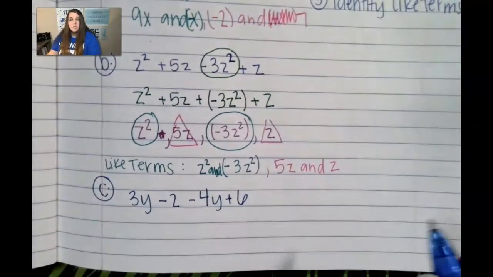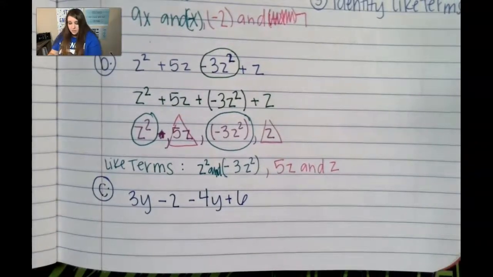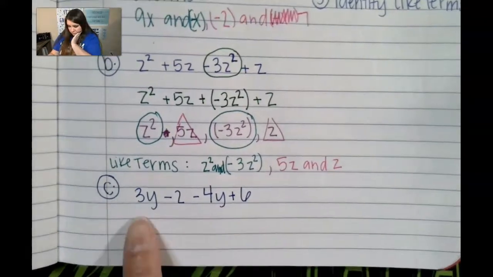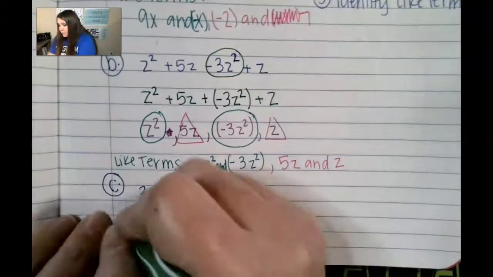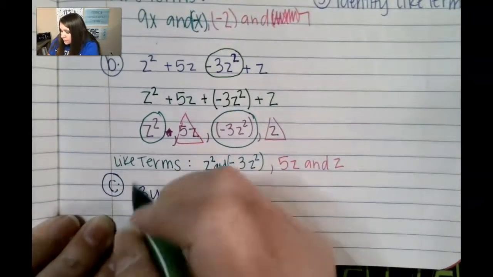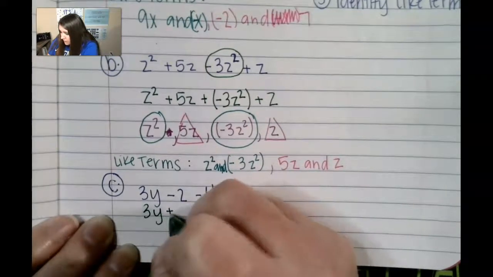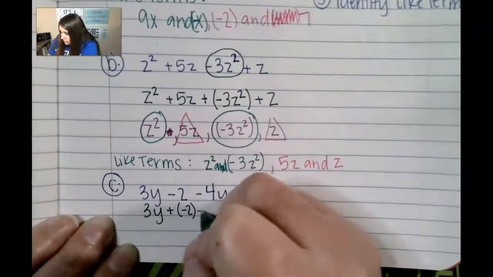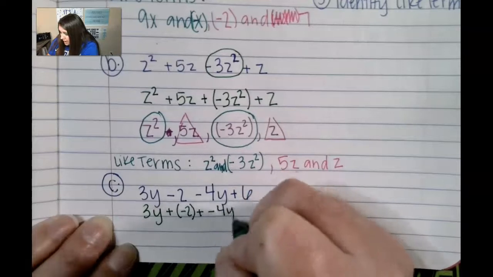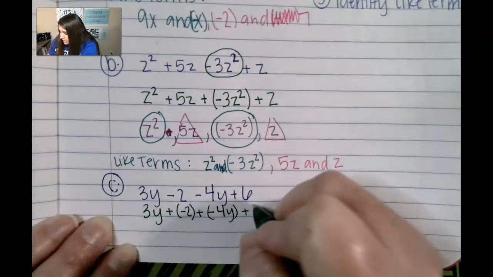Okay, so our job now is to rewrite this so that it does not have minus signs, right? So we want these to become negatives. So our new expression is 3y plus negative 2 plus negative 4y plus 6.